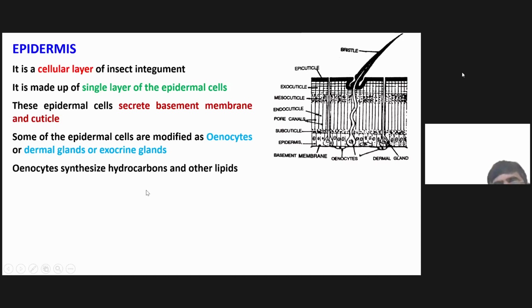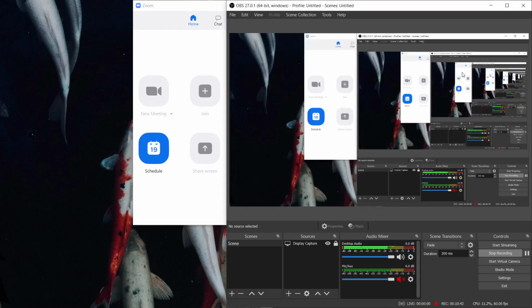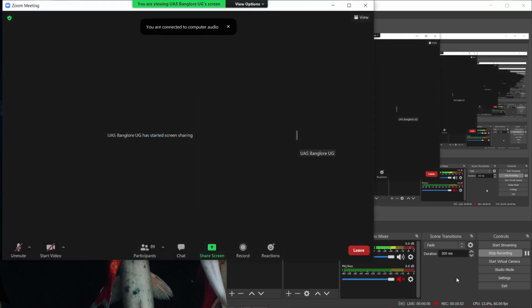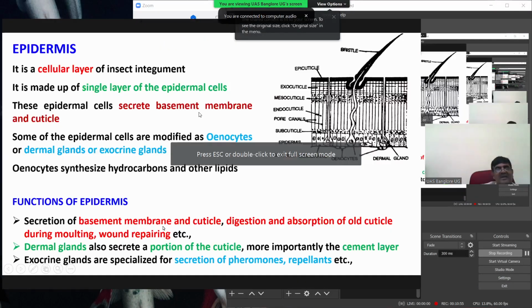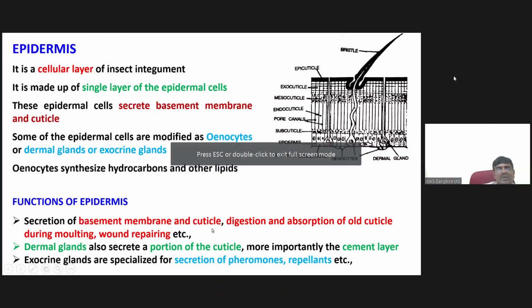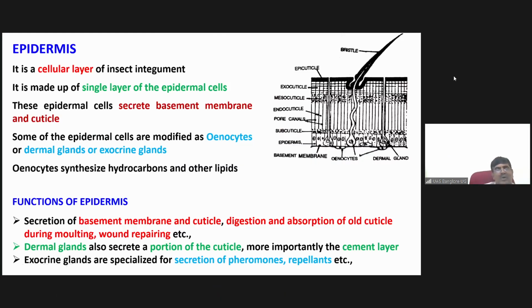So this is about the middlemost layer, that is epidermis. Its function is the secretion of basement membrane below and cuticle above. And also it helps in digestion and absorption of old cuticle during the process of molting.